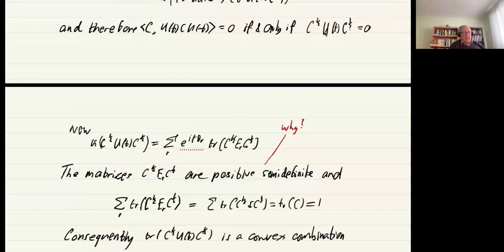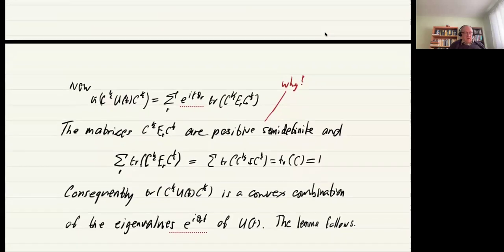So these numbers are non-negative and sum to 1. So they're a probability density. And so this trace is a convex combination of these guys.